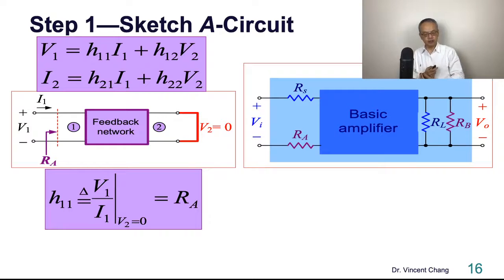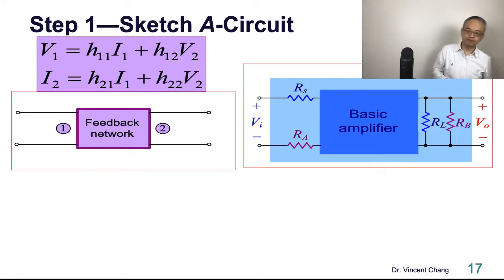You short circuit the output of the feedback network, look from the left, and take the input resistance of the feedback network when the output is set to 0. When the output is short circuited, that's the value for RA. That's the loading effect at the input side.